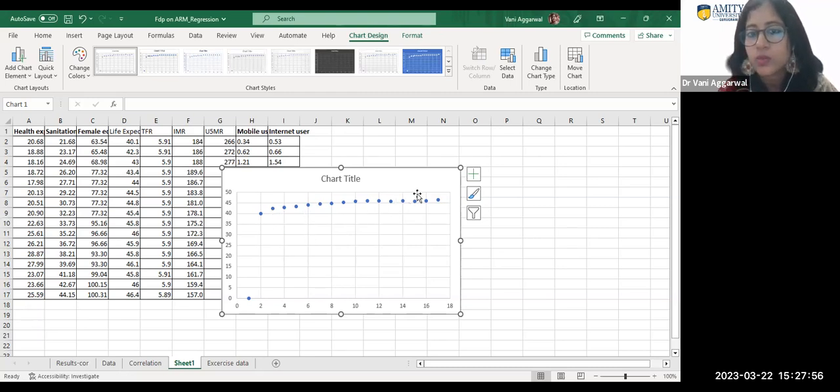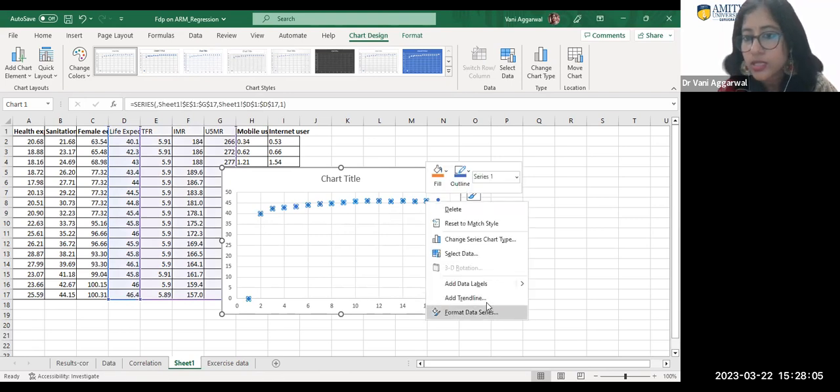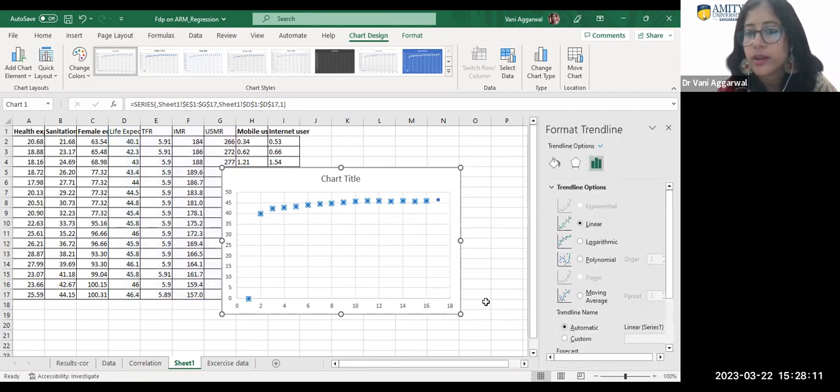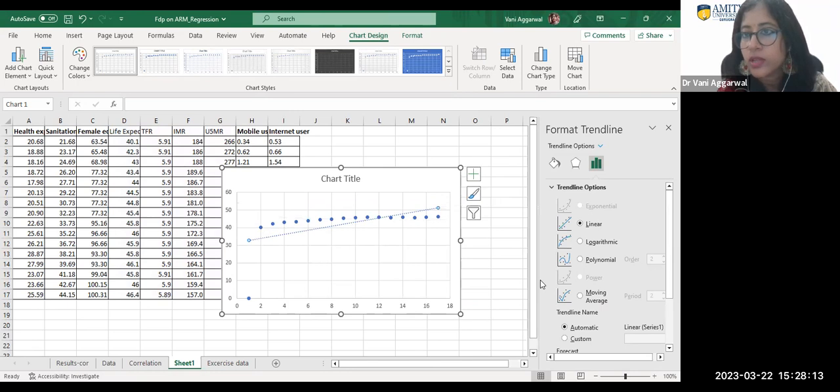Now it is showing you that these variables are linearly related, like this. See, the pattern is there. Or what you can do, you can right click on this, add data labels, add trend line. If you click on add trend line, then you will get the following features.